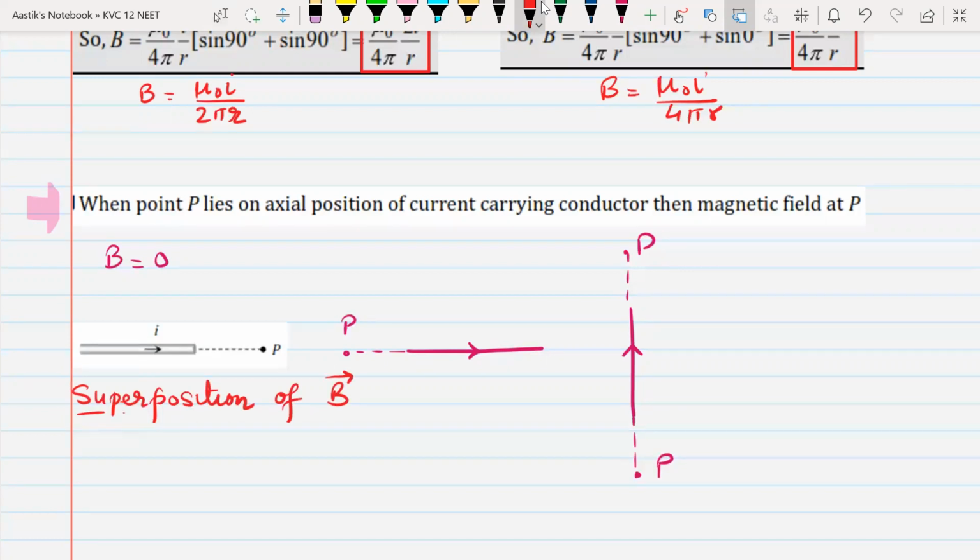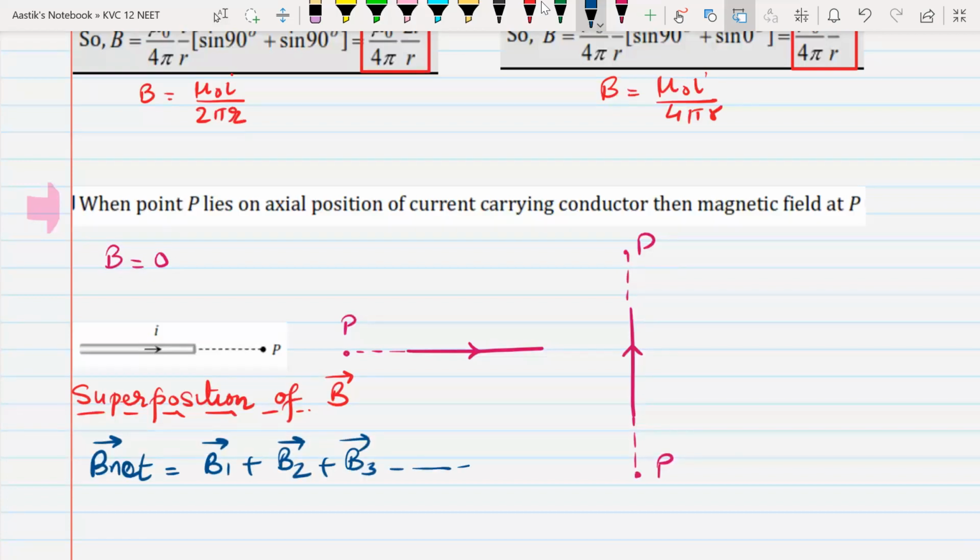What do you mean by this superposition of magnetic field? If at one point we have more than one magnetic field, the net magnetic field at that point will be the addition of B1 plus B2 plus B3 and so on, because magnetic field is a vector.